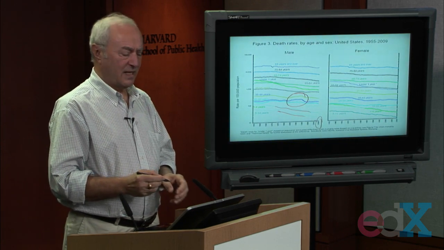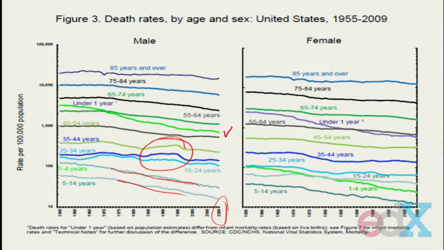But except for some age groups like the under 1 year, here for women, the trend is steep. The very young ones, the trend is very steep. The 1 to 4 and the 5 to 14. By the time you get to the 15 to 24, already things have flattened out.